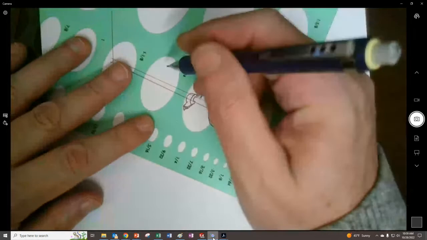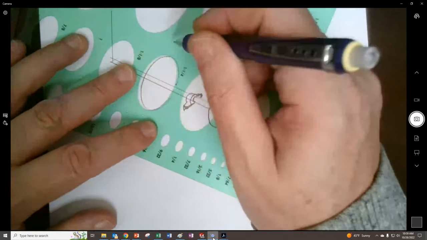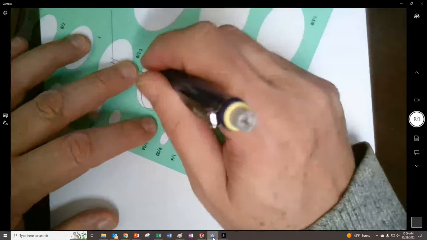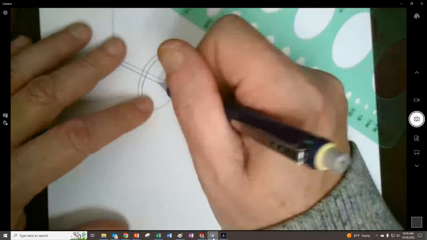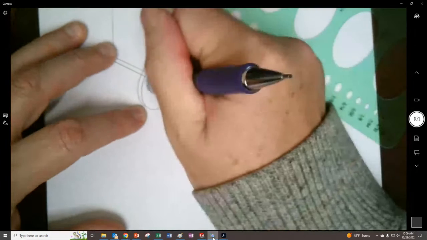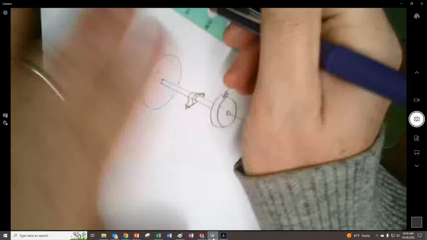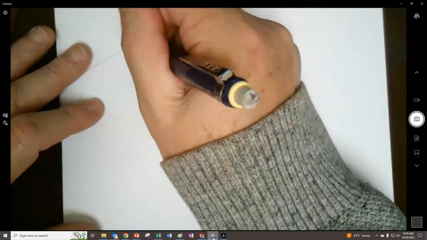I'll try to draw the gears in my isometric, and I'll freehand this one in there. Try to put it in place, make it a little better, and then draw this last bearing in there.